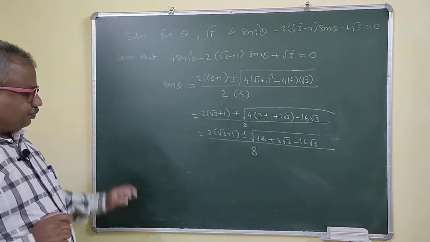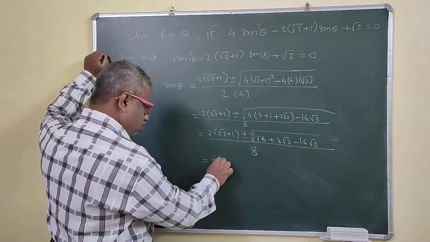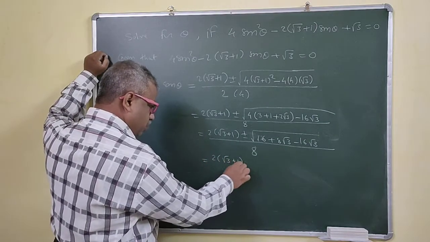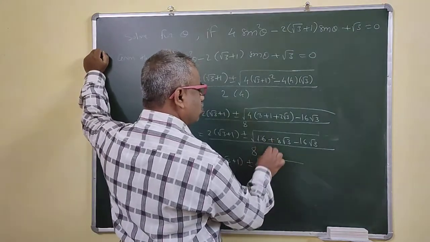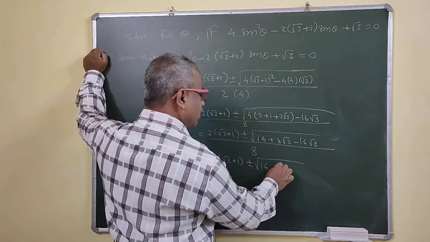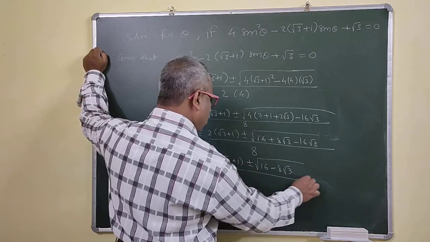So what we'll do now, we'll again simplify this. This is 2 into root 3 plus 1 plus or minus, so 16 minus 8 root 3 upon 8.